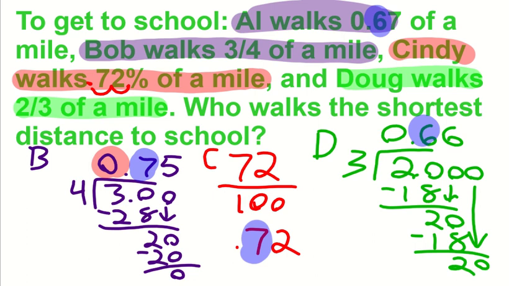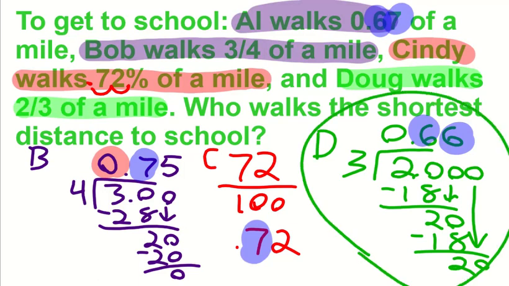So just right there, it's between Al and Doug. You work your way left to right. We got 7, we got a 6. That makes Doug the shortest distance. Okay? Everybody kind of follow? Any questions on that?